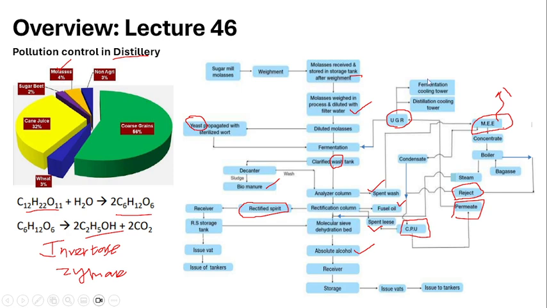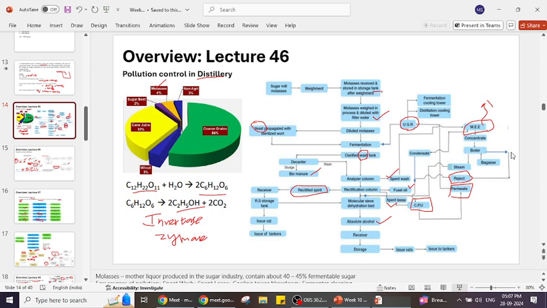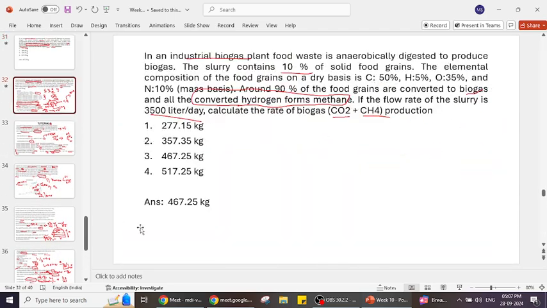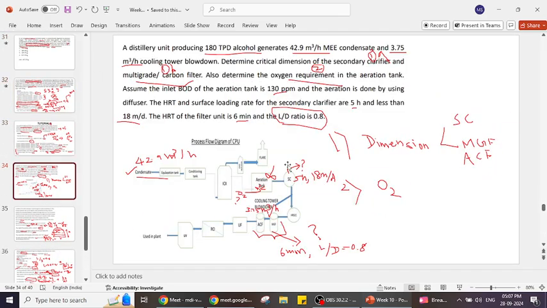The MEE stream will give you the condensate, and to the CPU stream all the fermenter cooling tower and distillation cooling tower water will come. These two are separate streams in the distillery process. You can just keep in mind that two different streams are there in the distillery unit.